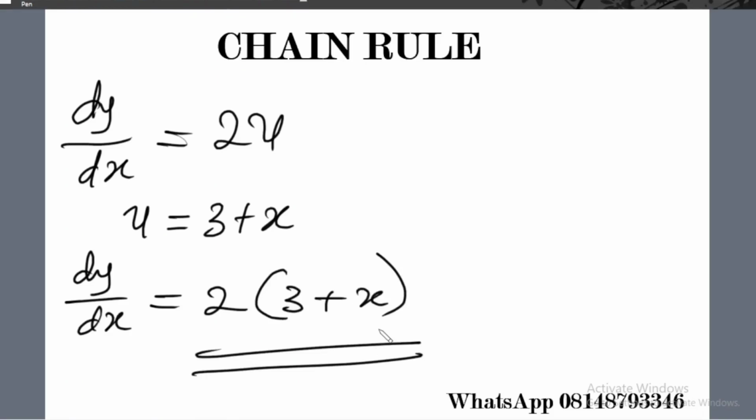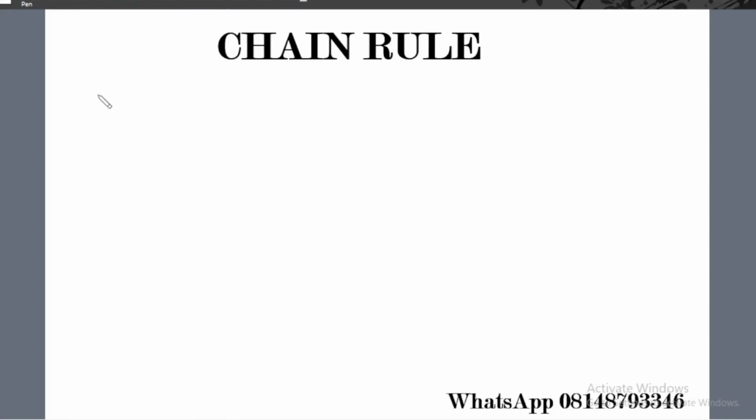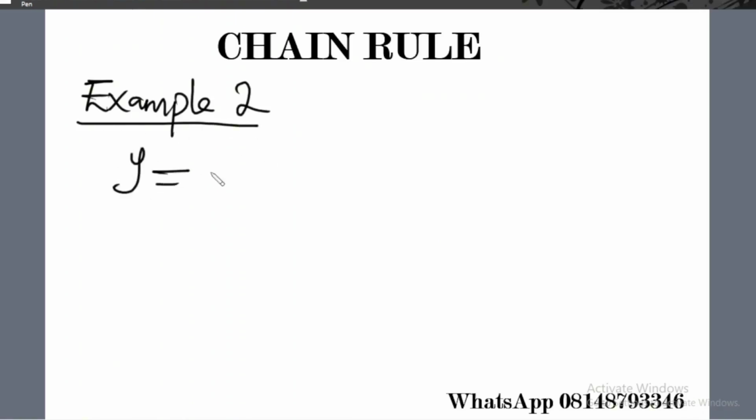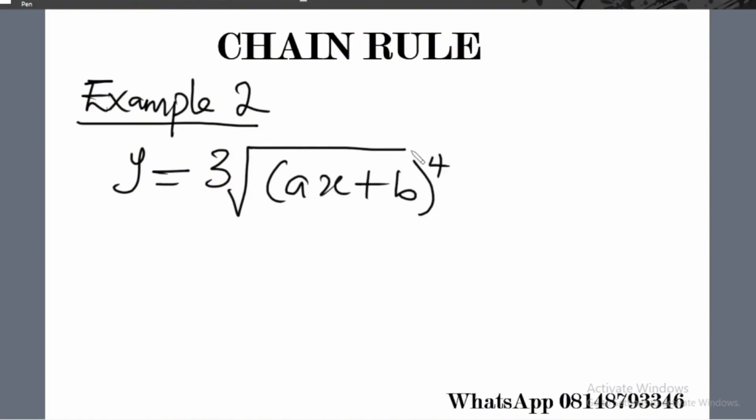Now let's take another example. Example 2. If y equals the cube root of (ax plus b) raised to power 4, find dy all over dx using the chain rule method. Since we have something like this, how do we differentiate it? First thing, let's convert this to index form.